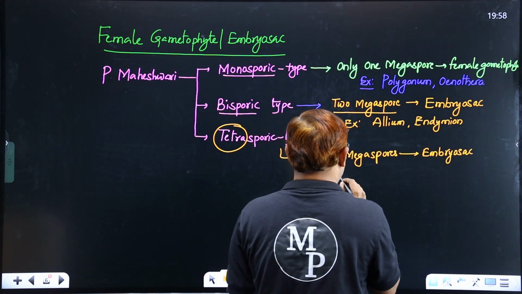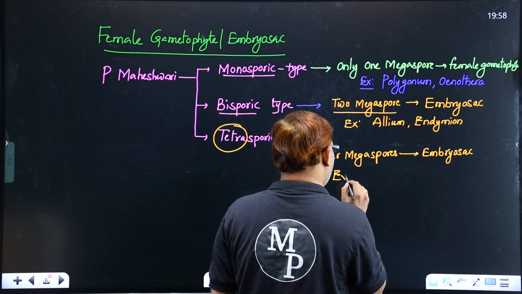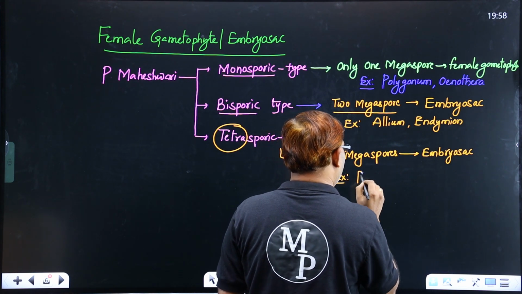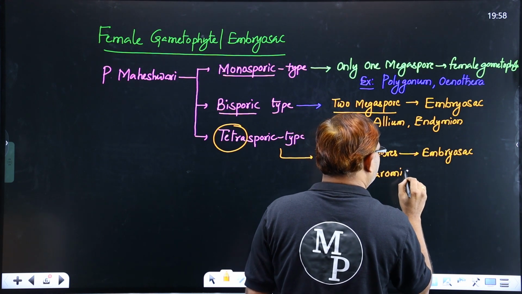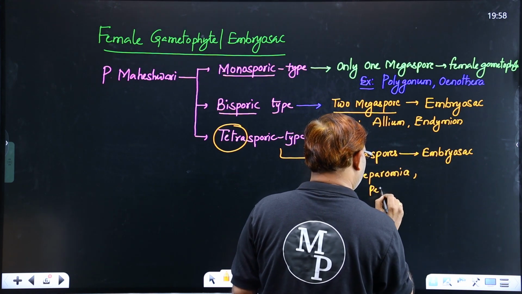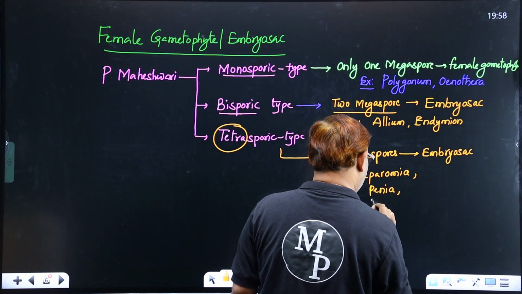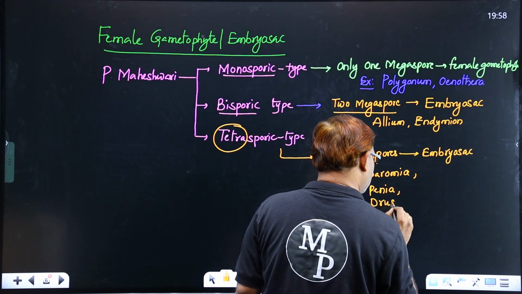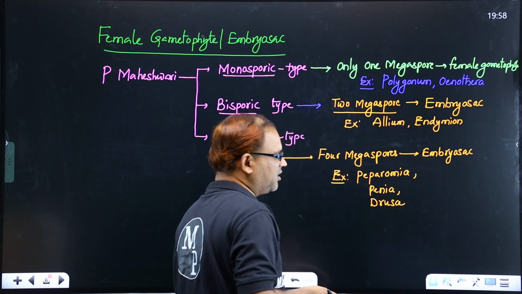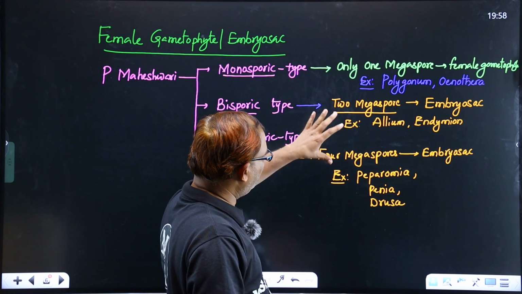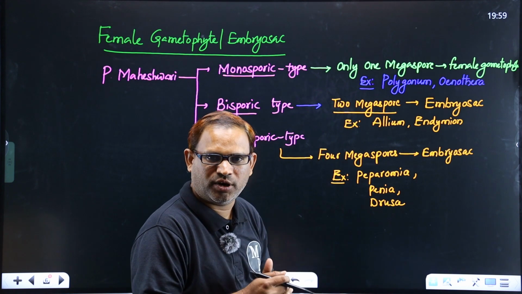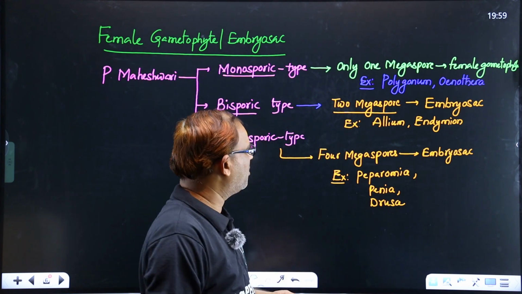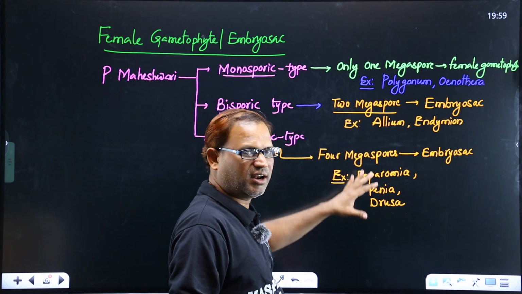The best example is Peperomia, then the Penaea type, then the Drusa type, and so on. This is completely beyond NCERT information. There is no need to study bisporic and tetrasporic in depth; just basic information is enough. This is degree level.